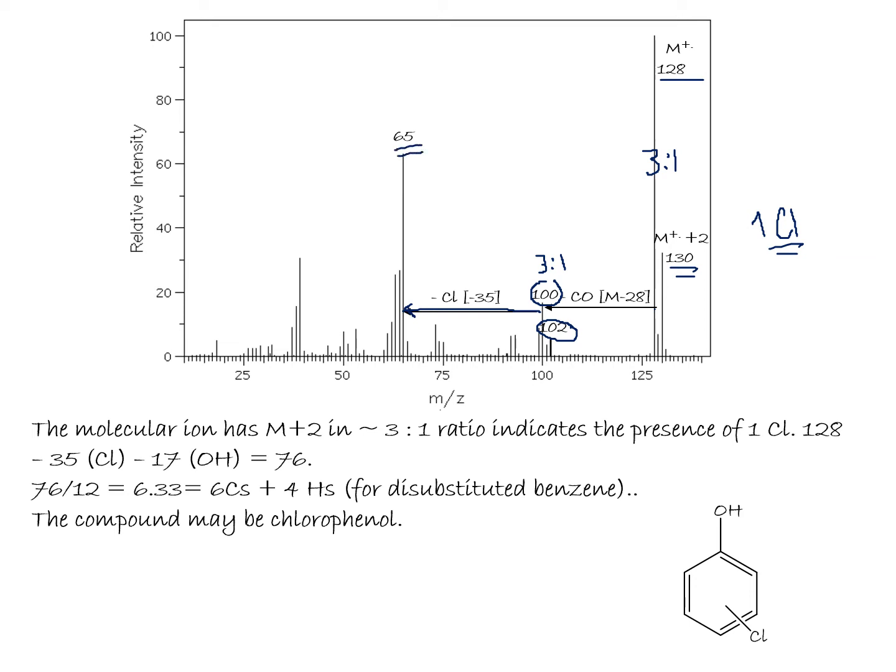Now, if the 100 fragment eliminates Cl, now you have 65 without isotope, because the chlorine is gone. There is no isotope on this fragment.